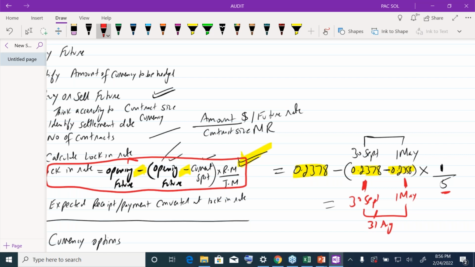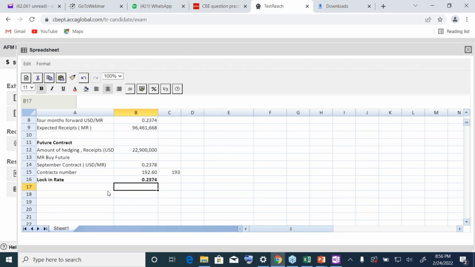If trend is increasing, this formula will take care of it. If trend is decreasing, this formula will take care of it. So guys, 0.2374 is the lock-in rate. That's how you will solve in the exam.